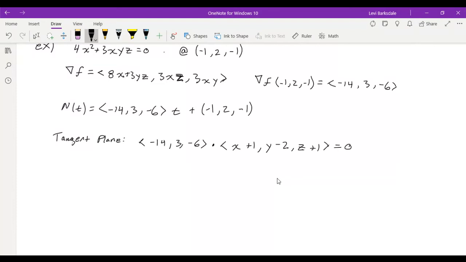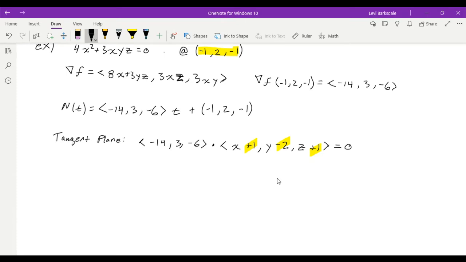Set that equal to 0. Now this plus 1, minus 2, and plus 1 here, I actually got from this initial point. I simply took a general x, y, and z coordinate and subtracted our initial point from it. So x minus -1 becomes x plus 1, y minus 2 stays y minus 2, and then z minus -1 gives us z plus 1.